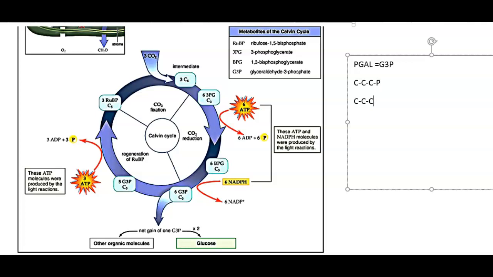1, 2, 3, 4, 5, 6. Alright, we need 6. But a P-gal only has 3. So we're going to have to go around the Calvin cycle again. And we're going to have to make another one.